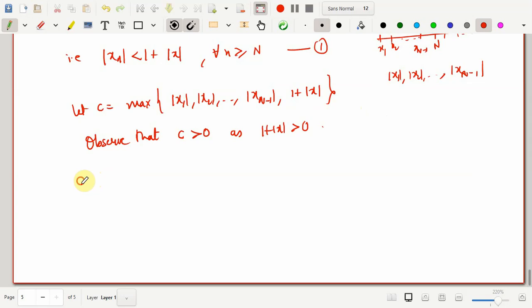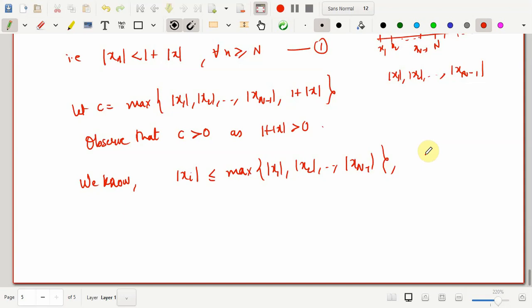We know that each of these mod of xi, when I vary i over 1 to n minus 1, can be made less than or equal to the maximum of mod of x1, mod of x2, and this goes on till mod of xn minus 1. So this is for each i belonging to the set 1 to n minus 1.